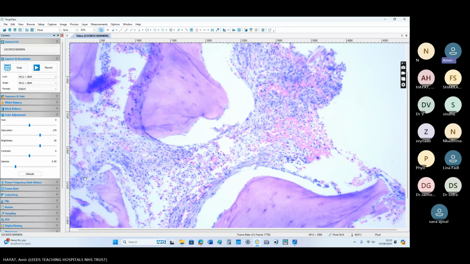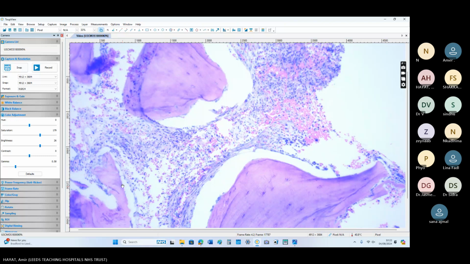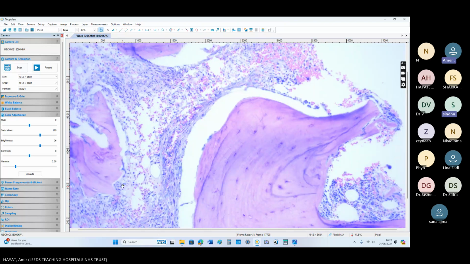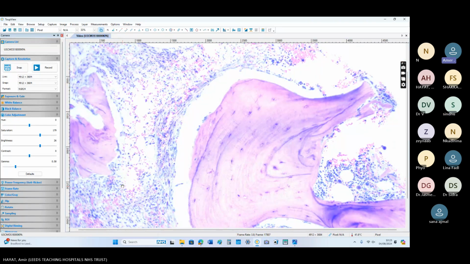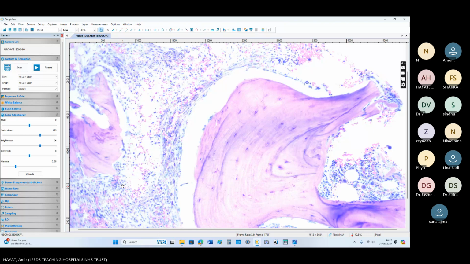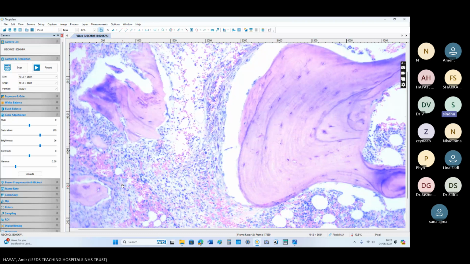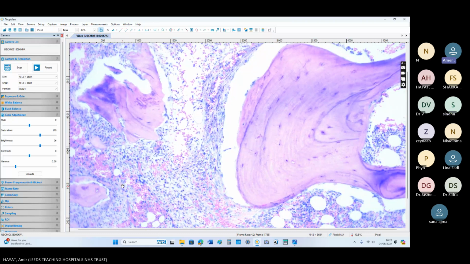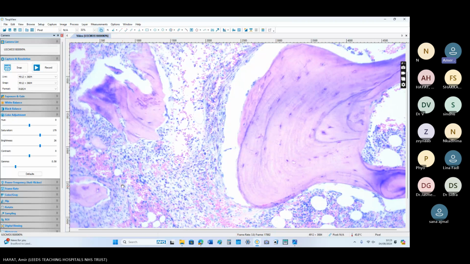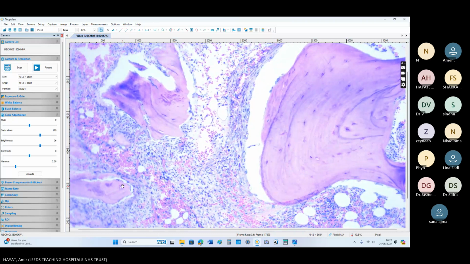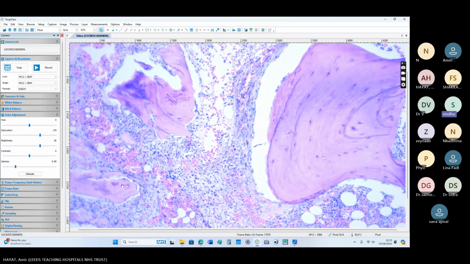This is the feature of systemic mastocytosis. Remember this point: if you see peritrabecular fibrosis, think about mastocytes. And the mastocytes are spindle-shaped cells which are very well pictured here on high power.